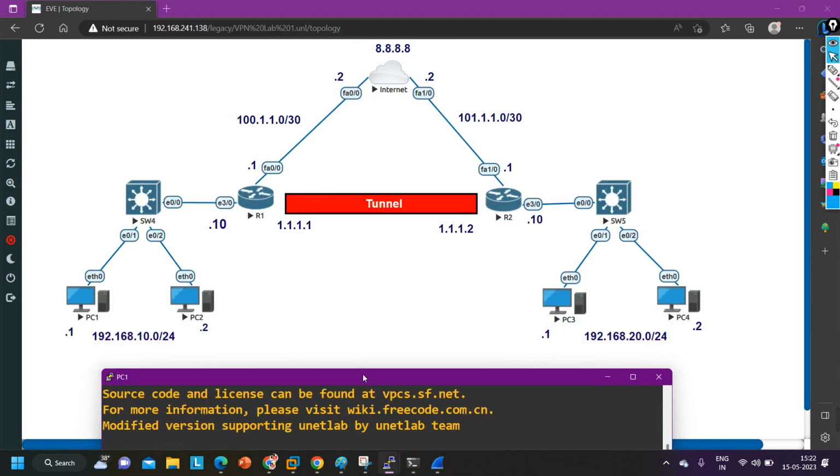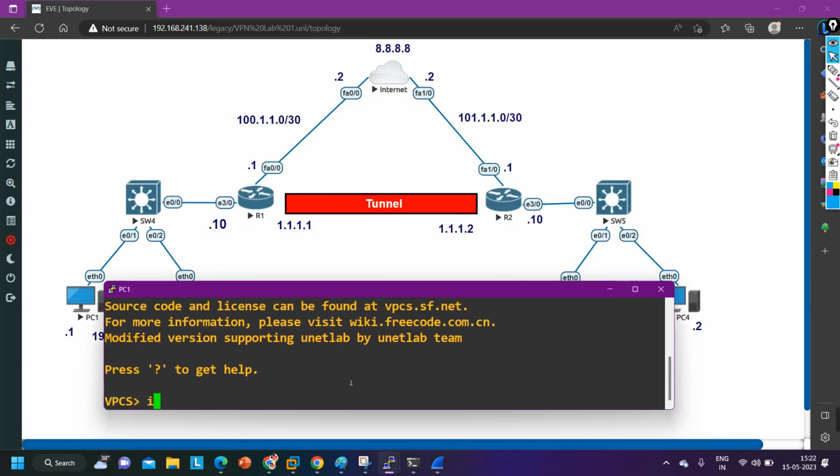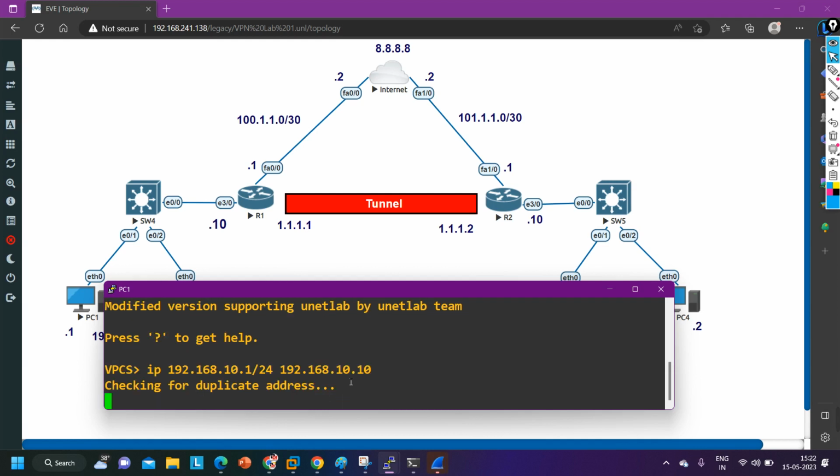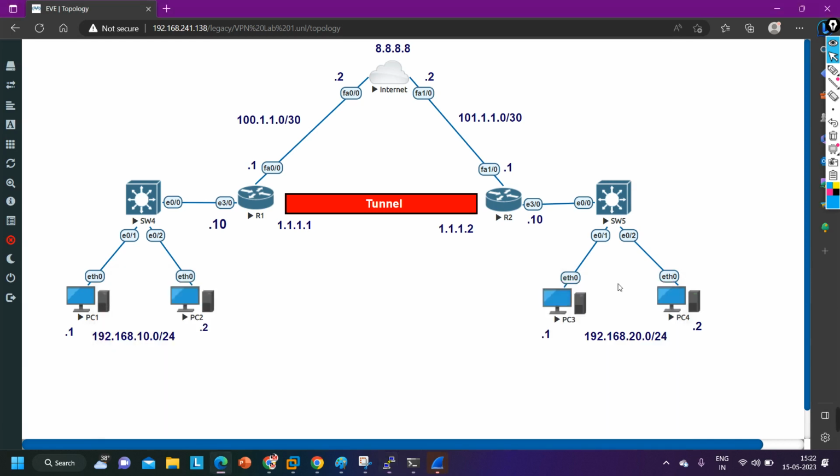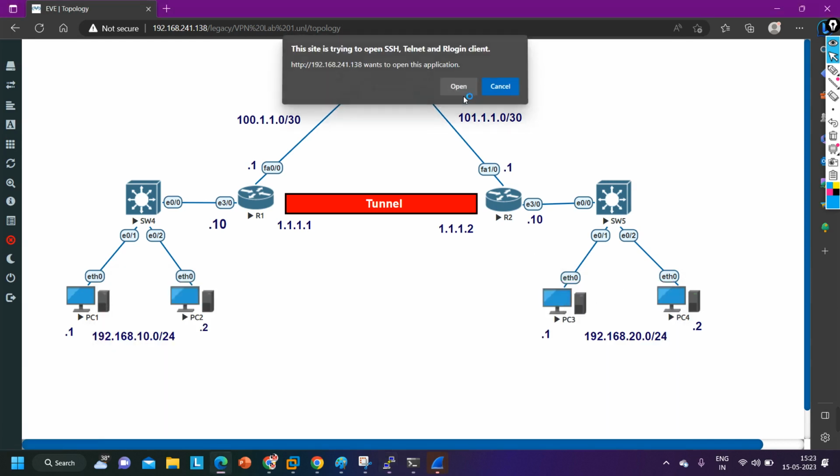On this PC, first of all I need to configure the IP. The IP is 192.168.10.1/24, and the gateway is 192.168.10.10. In the same way I have to configure IP on PC3 also.